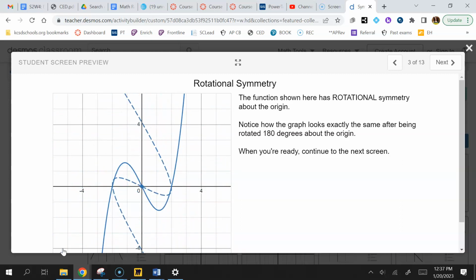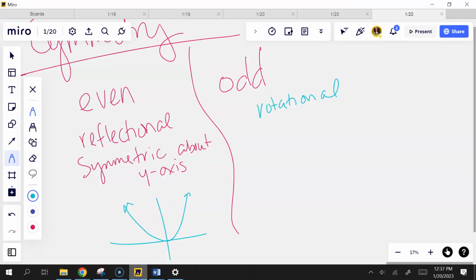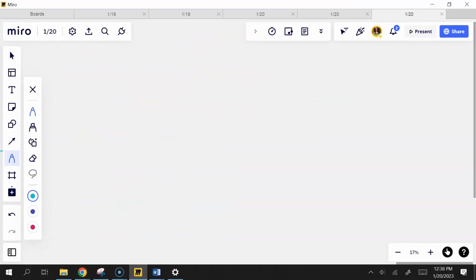I don't like x-axis symmetry. We never do that. We just do y-axis symmetry. Okay. All right, here's what we do. Everybody can graphically look and tell. Okay. All right, so that's graphically; now algebraically.